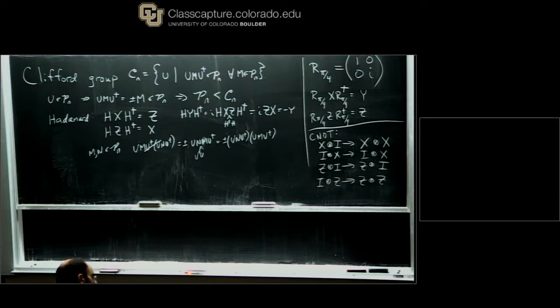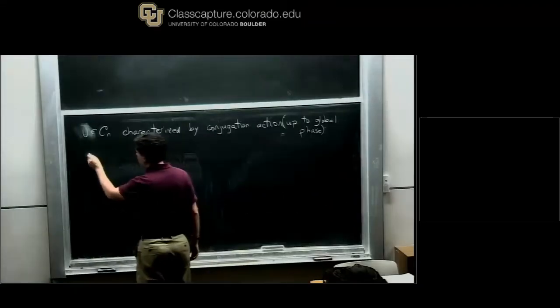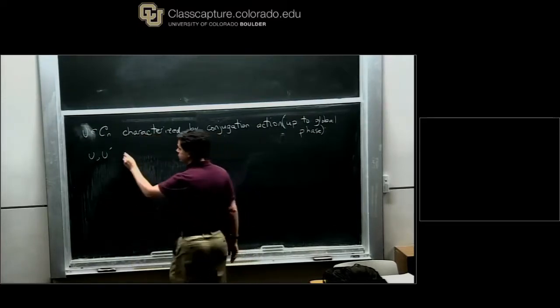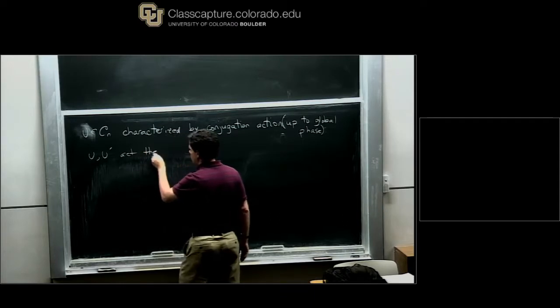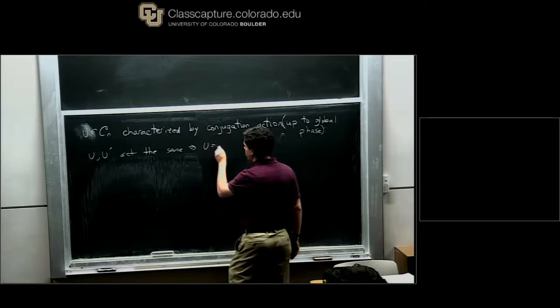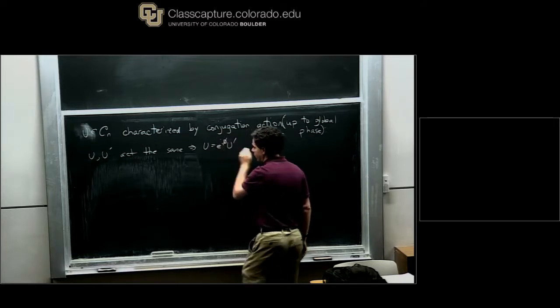But in order for that to be meaningful, you have to be given the description of the first Clifford in an efficient way. And the way you want to do that is by giving its conjugation action. The reason that's sufficient is for what I'm about to prove right now: if you have two things, u and u prime, that have the same conjugation action, that means that u is equal to u prime up to some global phase.